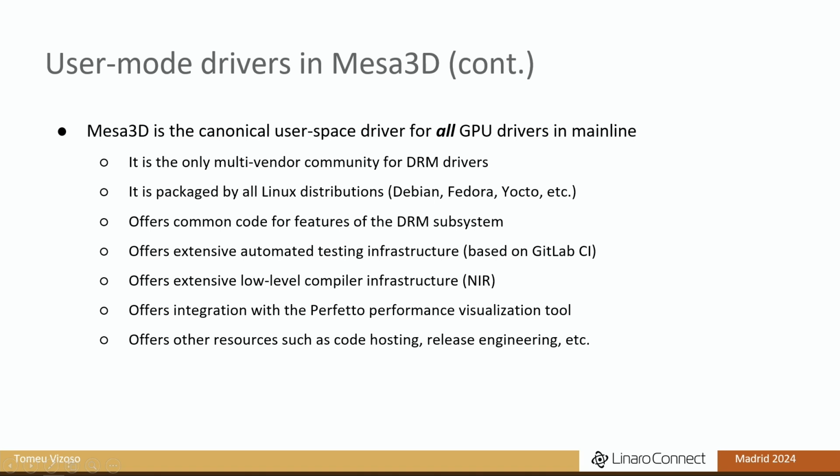There's something very interesting, which is the automated testing infrastructure based on GitLab CI. So basically, this is very great because engineers working upstream from your companies, for example, are able to waste much less time because somebody else broke something else.